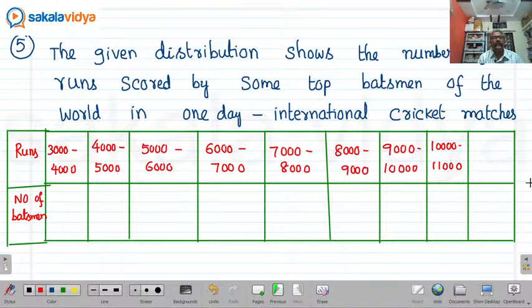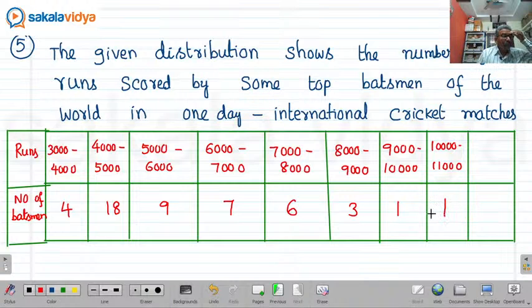The frequencies are 4, 18, 9, 7, 6, 3, 1 and 1.